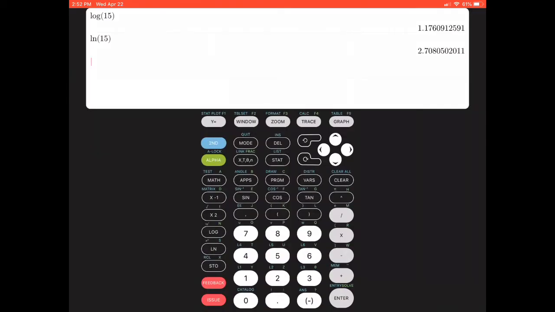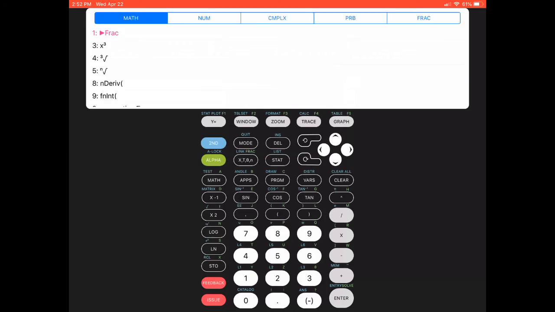On our calculator, we had already used the log and natural log buttons, but those are base 10 or base e. So if our base was something different, like in our problem it was base 2, we're going to hit the math menu. And in the math menu, we're going to scroll down however far it takes to find the one that says log base.